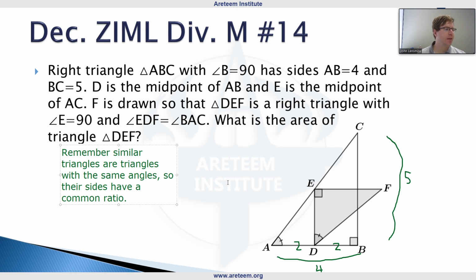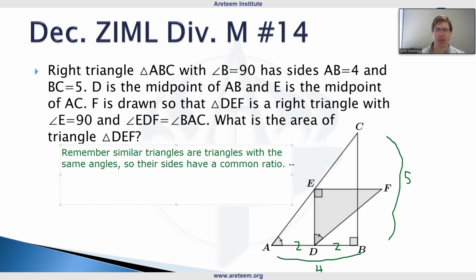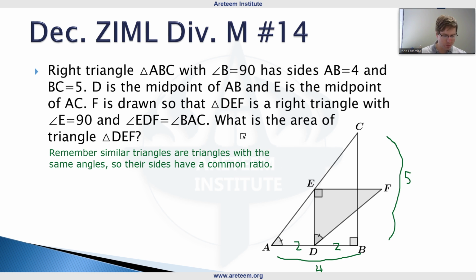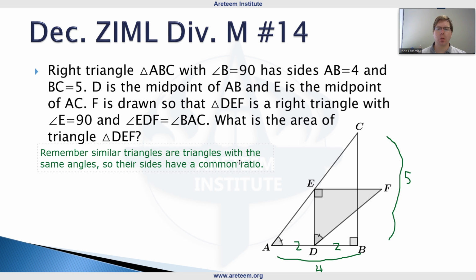And this is a pretty standard type of problem that is going to use similar triangles over and over and over. Okay, so what similar triangles do we have to begin with? A good starting point here is to look at triangle ADE.